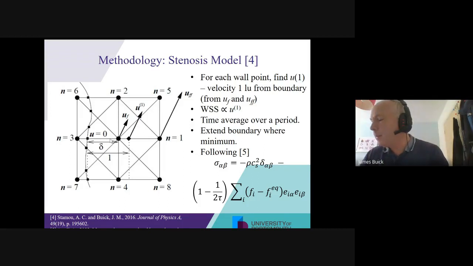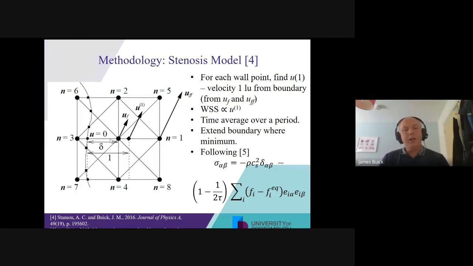And if the boundary was already quite close, we'd actually move it beyond the site, and that site would be removed from the fluid. Now, there's a lot of work being done on fluid structure interactions, whereby you have something moving, maybe pulsing through a period, and it's very important to look at the interaction of that motion on the fluid that it's moving into. So you'll get changes in pressure, changes in velocity.